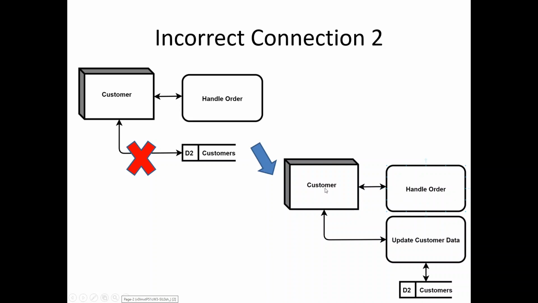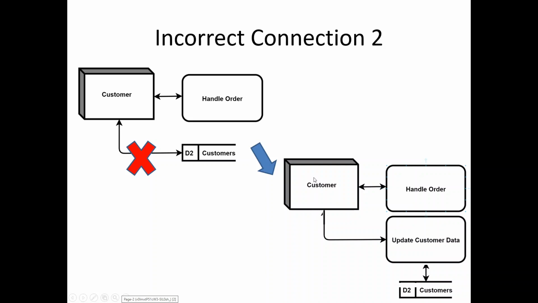And also, if the customer wants to update her information, then this customer needs to communicate with a process which is called update customer data process. And then this process would update a customer data store based on the customer's request.